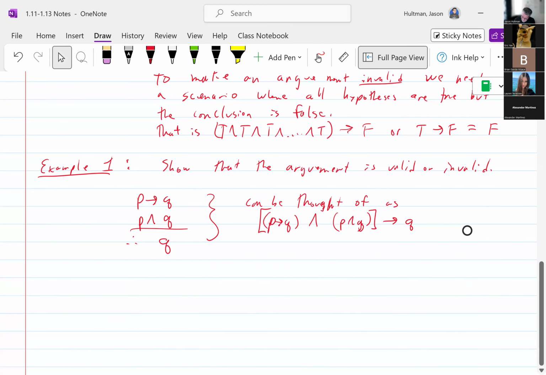Okay, so let's draw a truth table. P, Q, P goes to Q, P and Q. Okay, and then I'll put another Q over here, because I want to combine these eventually and have it go to Q. So P goes to Q, P and Q, and then we can think of it.